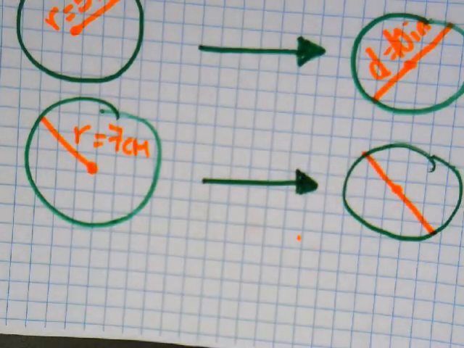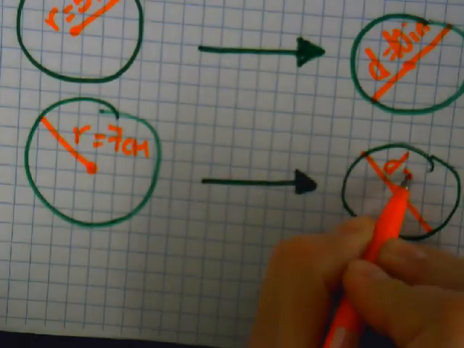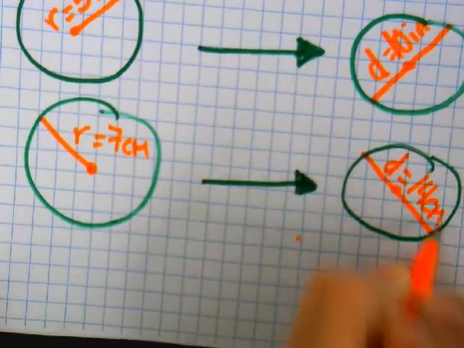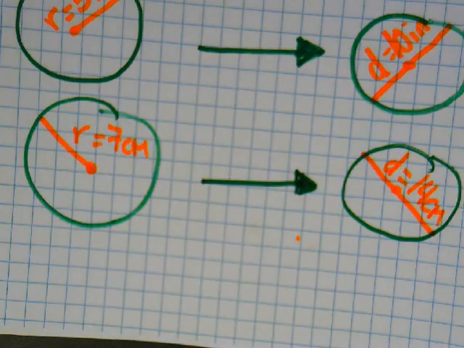What would the measurement be of the line that goes all the way? 14 centimeters. And that is called your diameter. Diameter is 14 centimeters. So half the line is 7, so the whole thing is 14. You just add it, 7 plus another 7, 14. 7 plus 7, or 7 times 2.